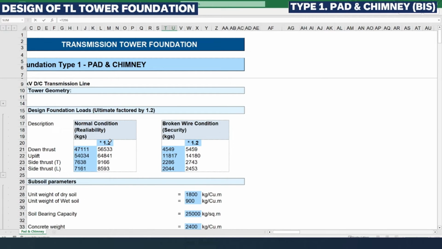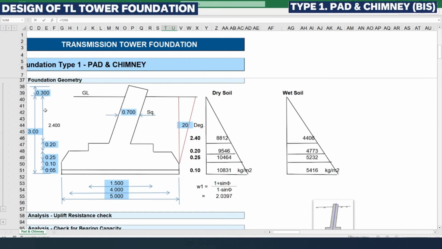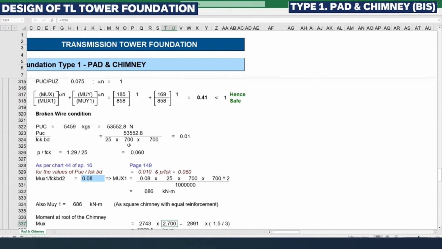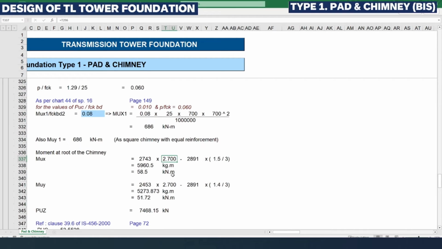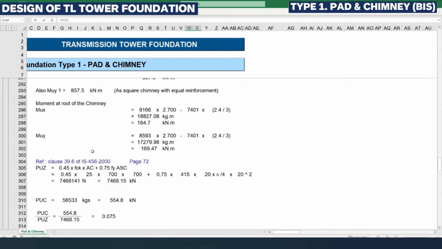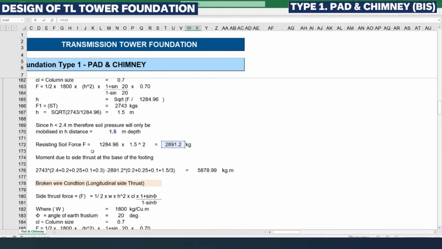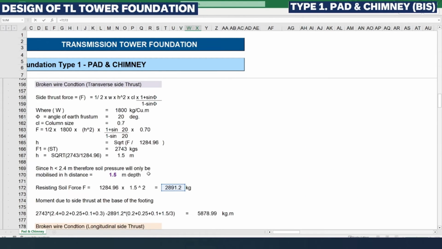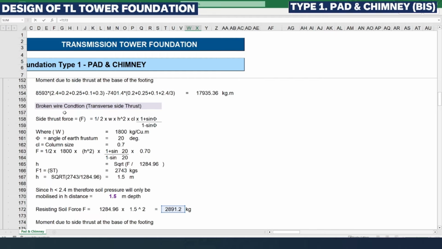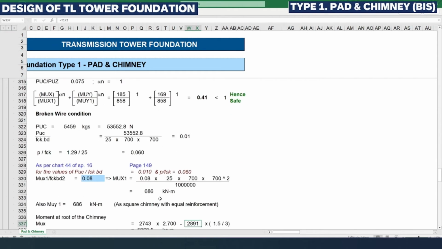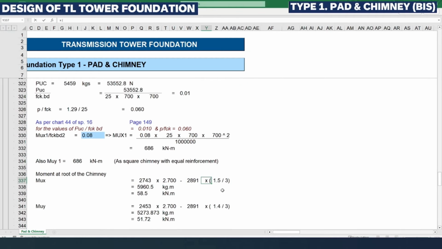Instead of normal condition it should be considered as broken wire condition. So these two depths 2.4 and 0.3 meter we need to consider as a lateral force acting height from the bottom of the chimney. So this alone we need to consider the weight of soil in broken wire condition for transverse side thrust, and the respective height is 1.5 meter. So we are considering this 1.5 meter here.